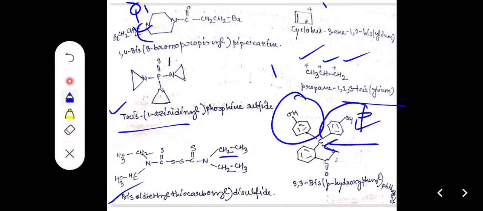At what position? At the 3 position. Basically this carbon is the 3 position. So by this way we can say 3,3-bis(para-hydroxyphenyl) phthalide.